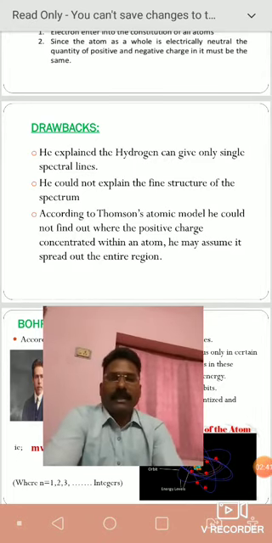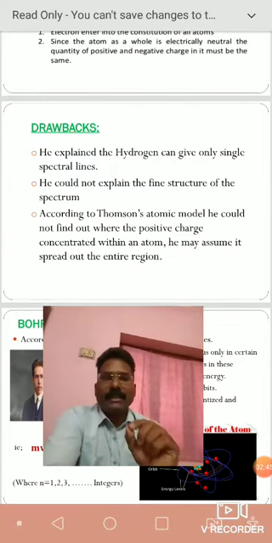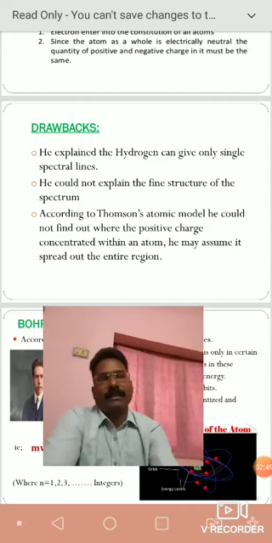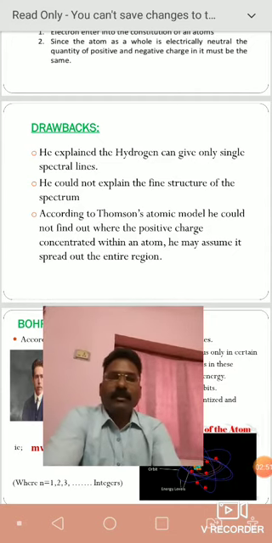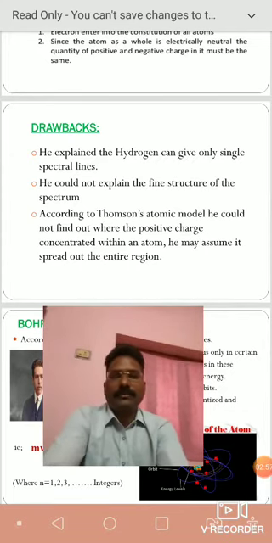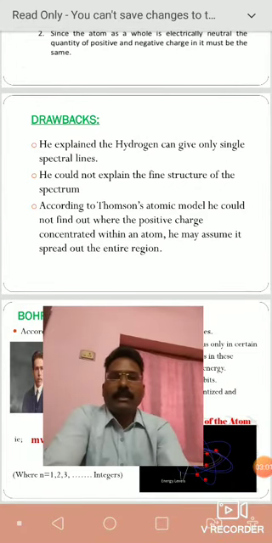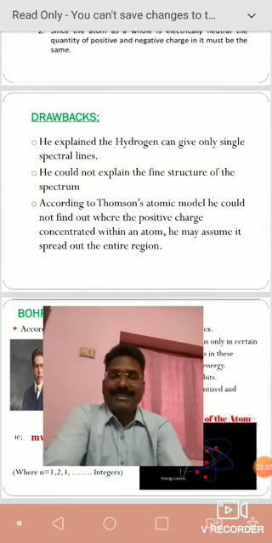Here, the drawbacks as far as Thomson's model is considered: he explained the hydrogen can give only single spectral lines. He could not explain the fine structure of the hydrogen spectrum. According to Thomson's atomic model, he could not find out where the positive charge is concentrated within the atom.